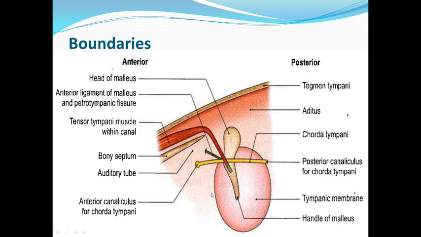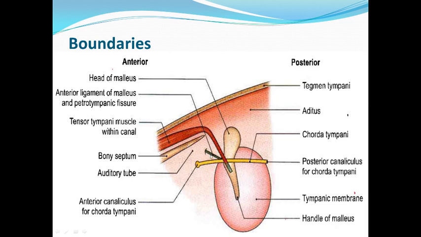Now, near the tympanic notch, there are two small apertures. The first one is the petrotympanic fissure, which lies in front of the upper end of the bony rim. You can see the bony septum or rim, and in front of its upper end we have an aperture known as the petrotympanic fissure.